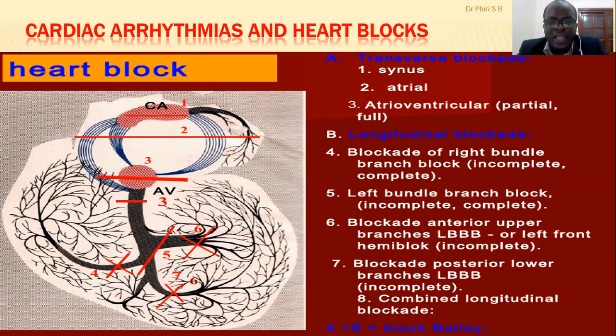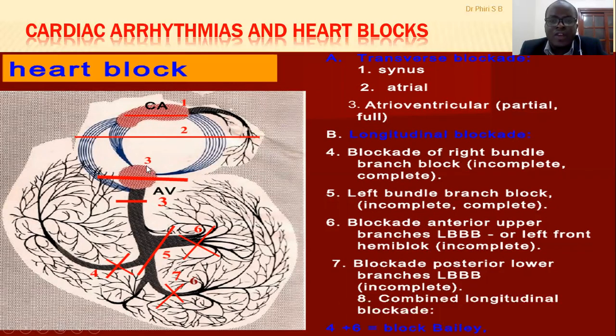So in part A here, you have the transverse blockade, meaning that the plane of blocking this portion of the heart is transverse or horizontal. That's why they are called transverse blockade. You have different types of transverse blockade. You have a sinus blockade shown as 1 here. You can have atrial blockade shown as 2 here.